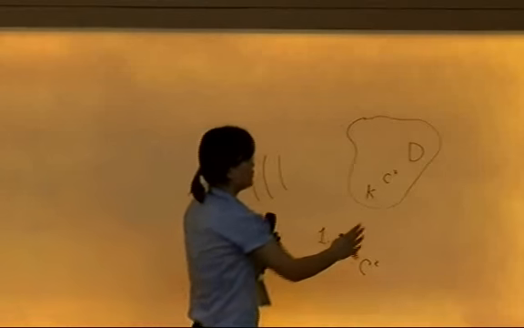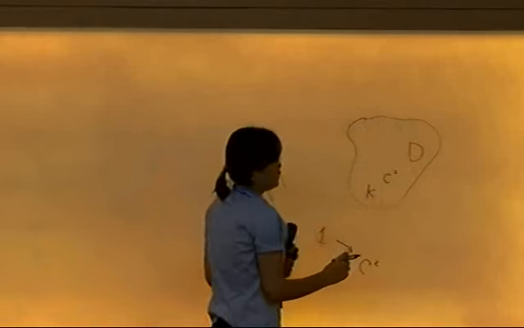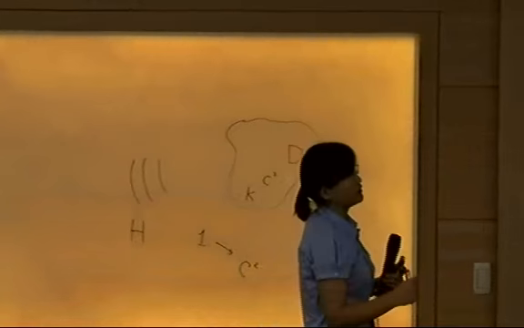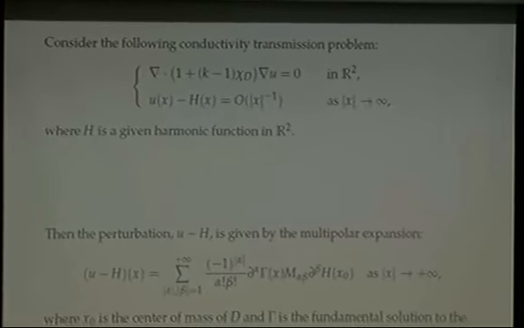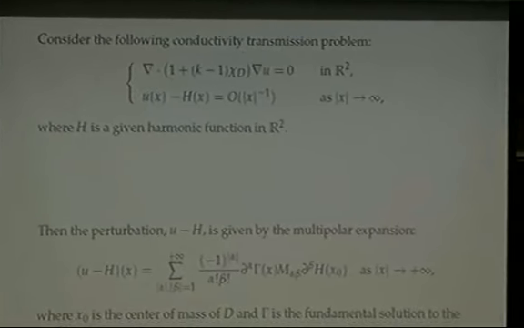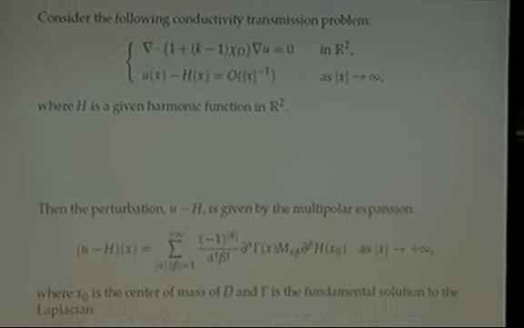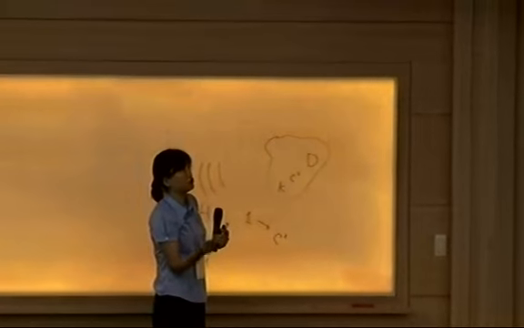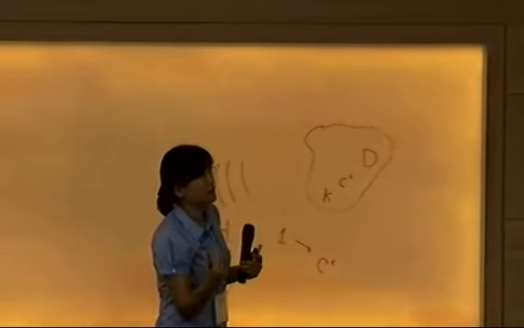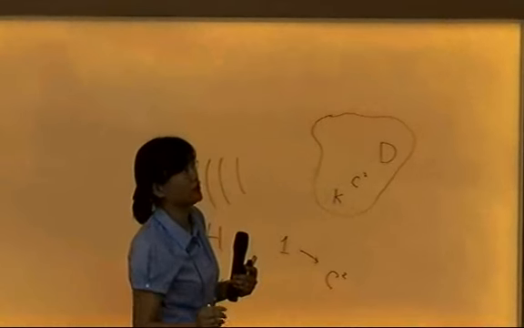But in the case you have an obstacle, then the solution to this equation, Laplace of U is 0 inside the obstacle and outside the obstacle, with a transmission condition on the boundary of D, has now solution U. So without D, the solution is H, and with D, the perturbed solution is U.